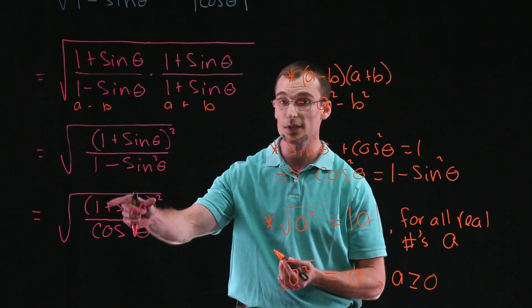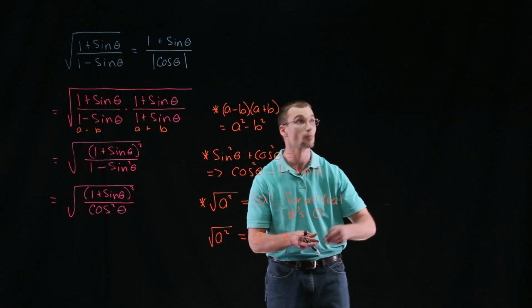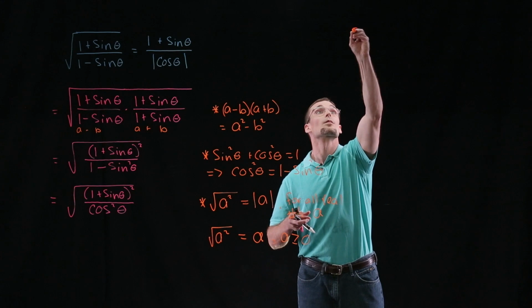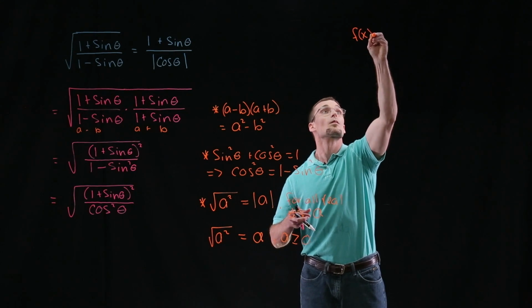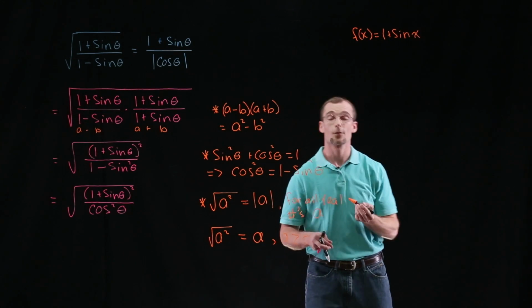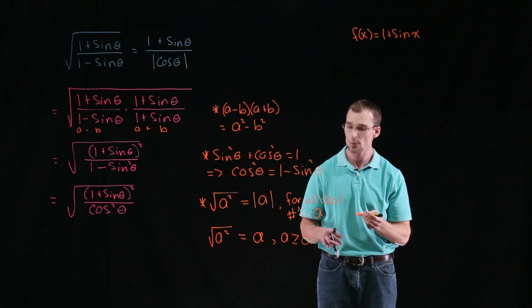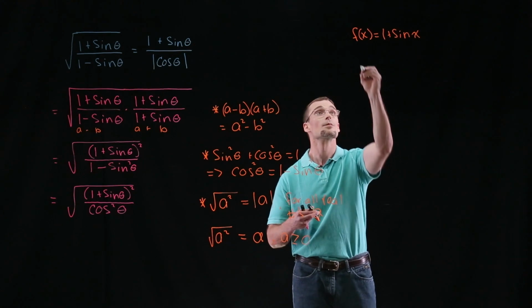So if we look at 1 plus sine theta, think of it as a function, f of x equals 1 plus sine of x, and look at the graph of that.